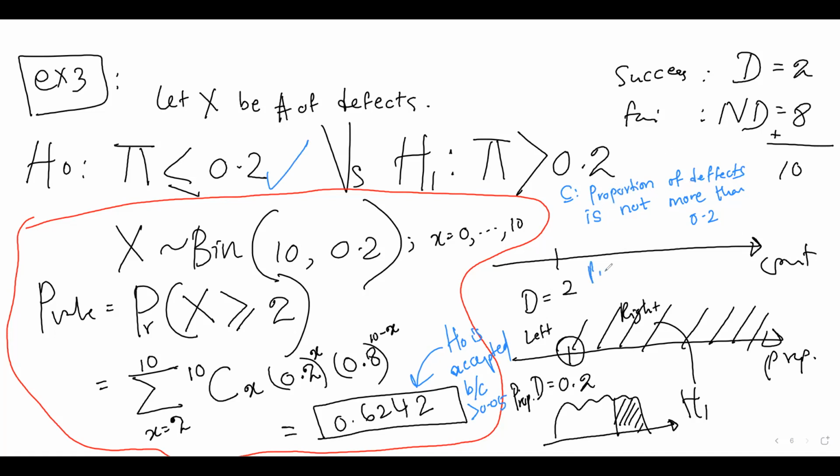You can't write things like proportion of defects less than. You have to write it in language: proportion of defects is less than or equal to 0.2. Likewise, it's easier to write: proportion of defects is not more than 0.2. However it is, you have to keep it in plain language.